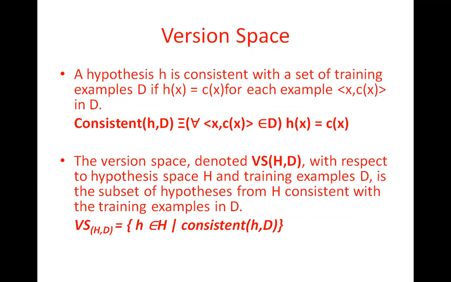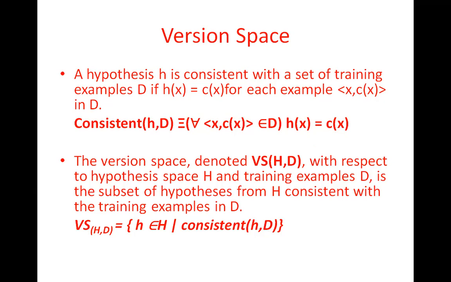A hypothesis h is consistent with a set of training examples D if h(x) equals c(x) for each example <x, c(x)> in D. Certain things we have to always remember. Small x means one training example. Capital X means the set of all training examples.